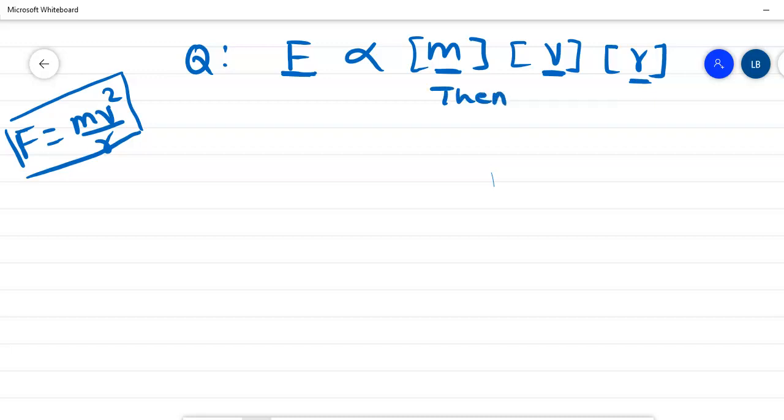They will simply say it depends on this, then find out a relation between them. So let's find out how to do this.